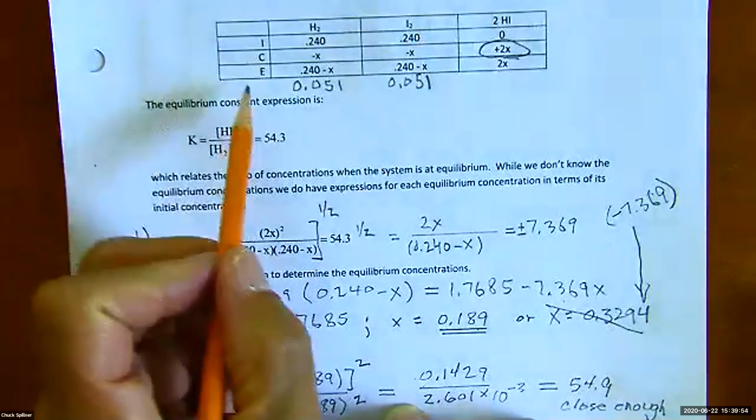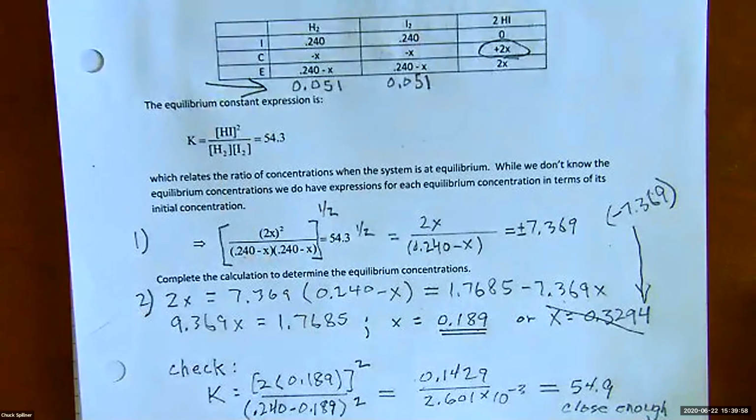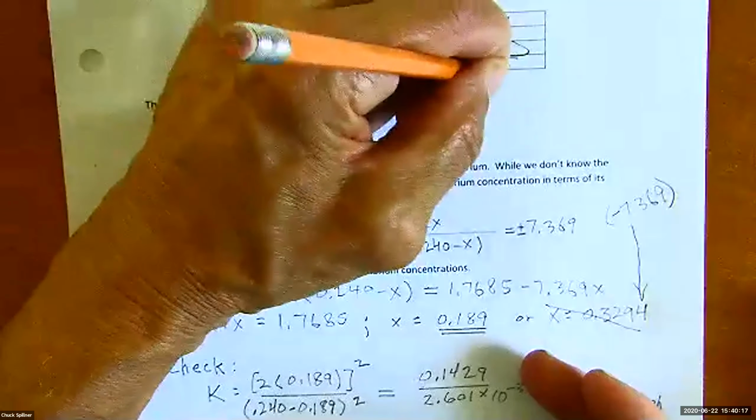Okay, we're right here now. 0.051 for both of those. And then we go 2 times 0.189. We get 0.378.